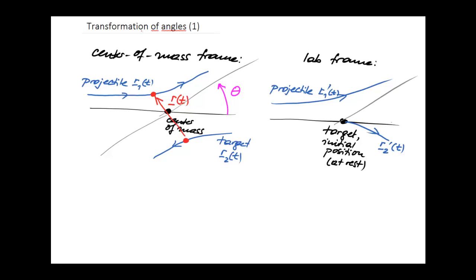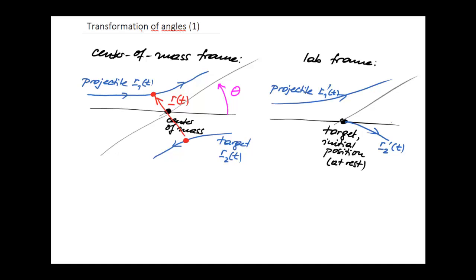In the center of mass frame, I showed the relative coordinates, the distance vector between the two bodies. That's the red vector r of t. That's r1 minus r2. Now the lab frame differs from the center of mass frame by simply a uniform motion, the uniform motion of the center of mass.